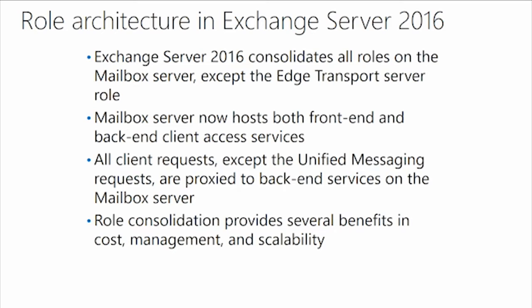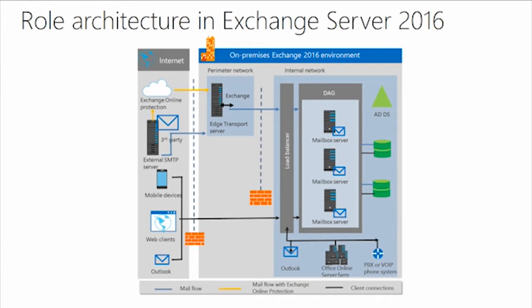Your front-end transport service, which is part of that client access services layer. The transport service, which handles internal SMTP mail flow, categorization and content inspection. And then the Mailbox transport service, which is actually 2 different services, the submission service and the delivery service. That's used to send messages to other servers, and also works with the Mailbox database to retrieve or submit data to that database. And then, of course, unified messaging.